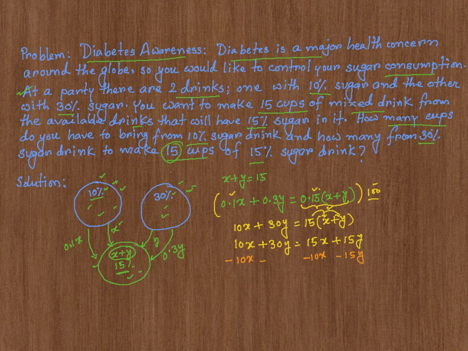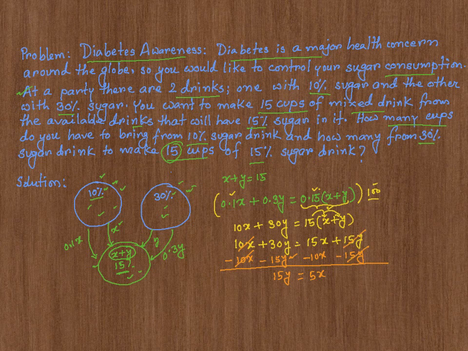I'm just bringing the x to the right and y's to the left. On the left hand side, positive 10x and negative 10x cancel out, and then 30y minus 15y is going to give me 15y. And on the right hand side, positive 15x minus 10x is going to give me 5x, and positive 15y, negative 15y, they cancel out.